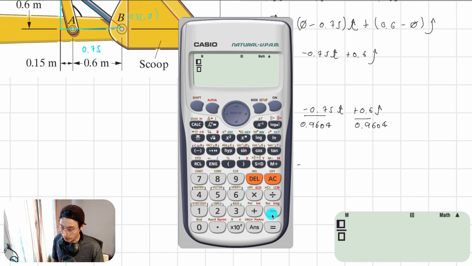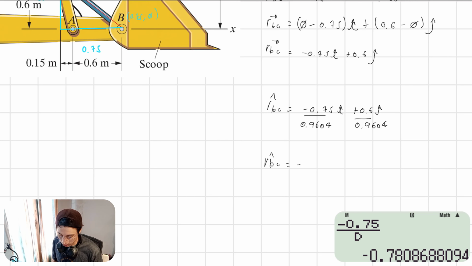Now, minus 0.75 divided by D. And this is equal to minus 0.7808. Sorry, bear with me.